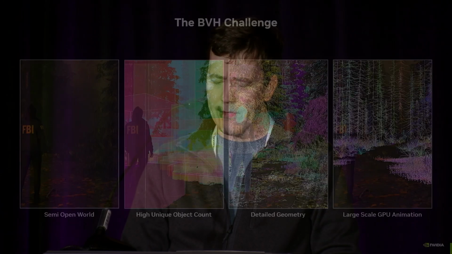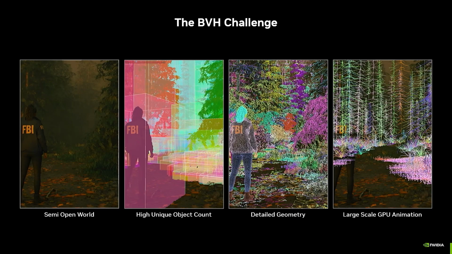The game environments contain these large and detailed forests. The levels are open-world-like in structure, with large playable areas with wide exterior spaces. Object count is very high. The forests are dense with layers of vegetation, grass, bushes, trees, and so on.